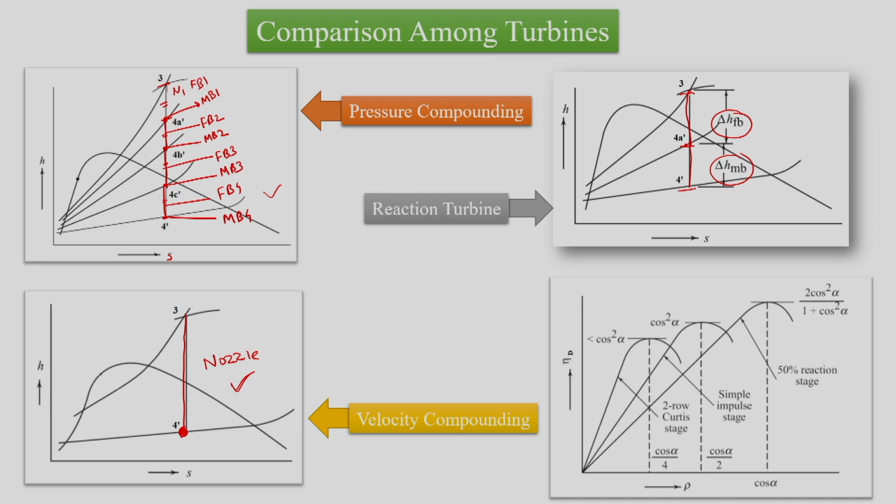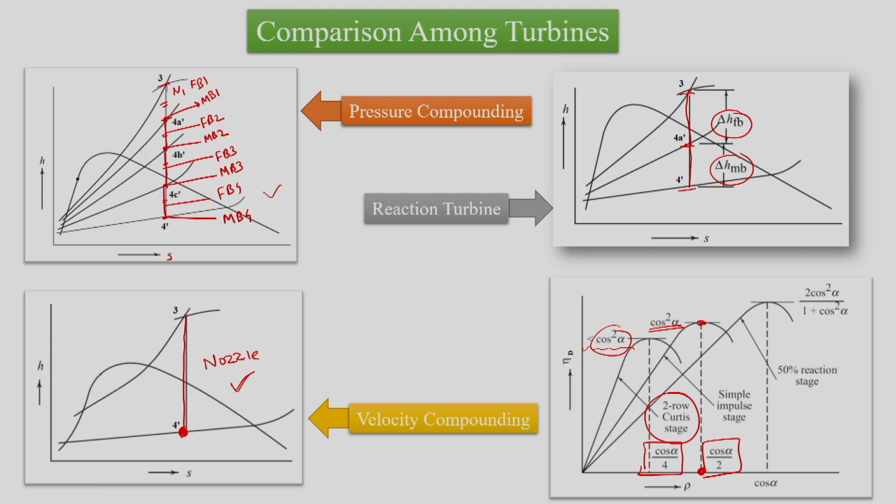As we see, in case of simple impulse turbine we have derived rho optimum is cos alpha by 2 and corresponding efficiency is cos square alpha. In case of velocity or 2 stage Curtis turbine, optimum rho is cos alpha by 4, corresponding efficiency is cos square alpha, but it will always be lower than this due to the frictional loss.